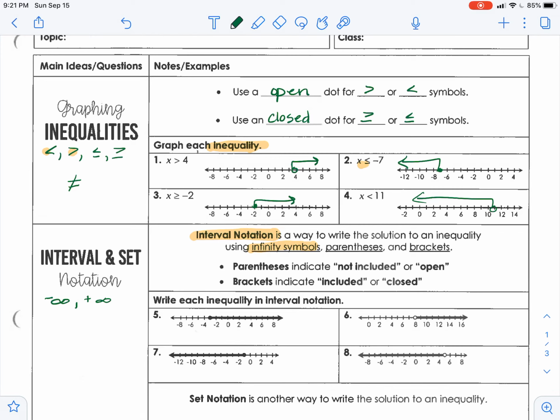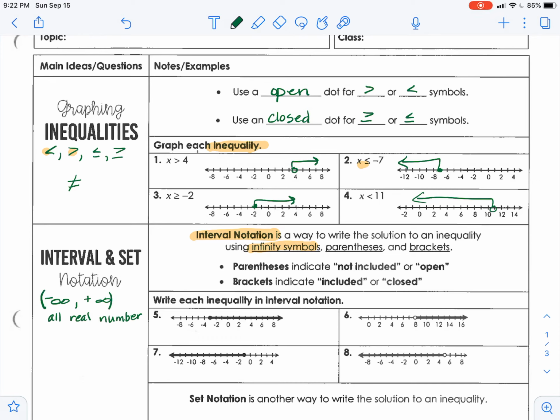The other thing too, and I'm going to go through several different rules and then we'll put it all together. One of the rules is that when you're doing the infinity symbol, it will always have a parenthesis with it. So what I've actually written there for you is from a negative infinity to a positive infinity would be the same thing as all real numbers.